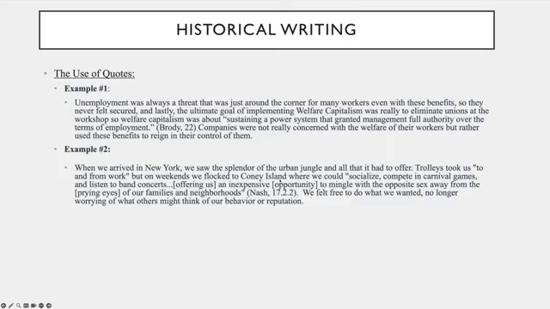And it's just integrated so smoothly from their voice to that of the quote. They did have to make some changes because sometimes quotes are not perfect, right? They're not written in the same tense that we're writing in. So as you can see, they have some brackets here because they had to change not the meaning of the quote, but just the tense of the quote. So I believe the original quote said offered and inexpensive, something like that.